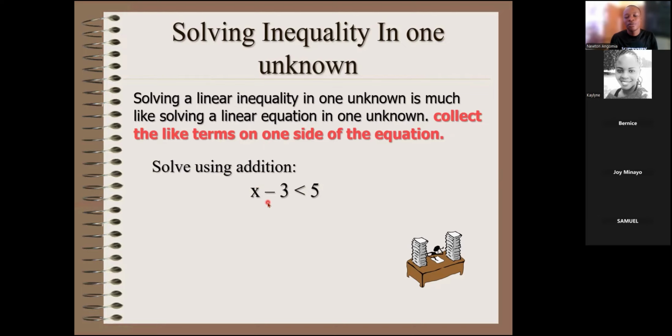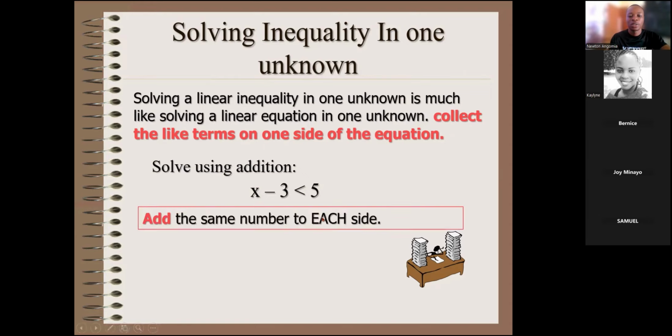Because we have -3 on the same side as our unknown x. So how can we move this -3 to one side with the 5, because it's a like term to 5? We are going to add 3 on both sides, and that's why we have solving using addition.